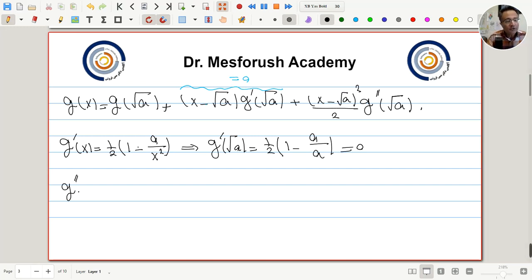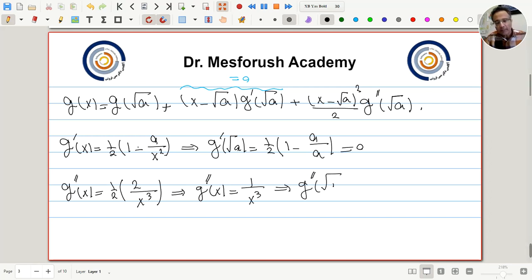Now we compute g double prime of x. It will be 1 over 2 times 2a over x to power of 3, and this gives g double prime of x will be a over x cubed, and this gives g double prime of square root of a is a over a square root of a, and finally it will be 1 over square root of a.